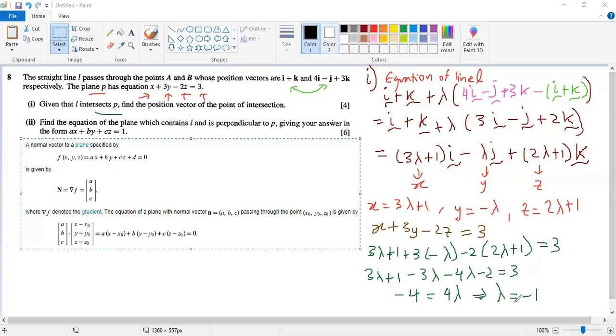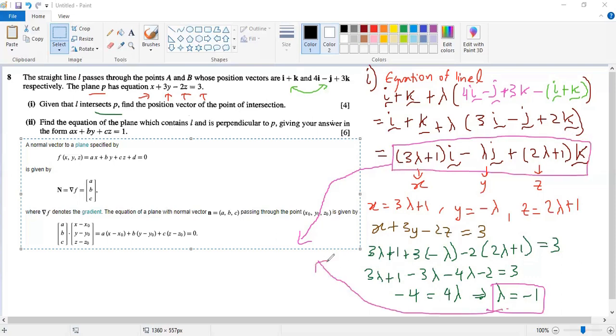They want the position vector of the point of intersection, which means we need to substitute this into this part. Please ignore this thing, later I'll tell why I put it here. Just 2 things: lambda equals -1 and this part. For the intersection, lambda is -1, so the position vector at this point would be found by substituting lambda equals -1.